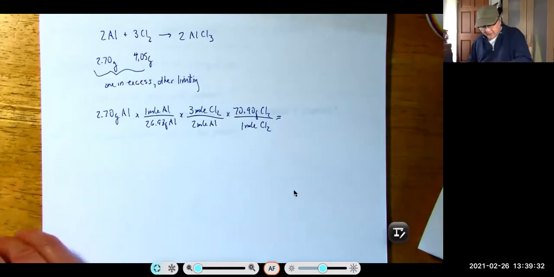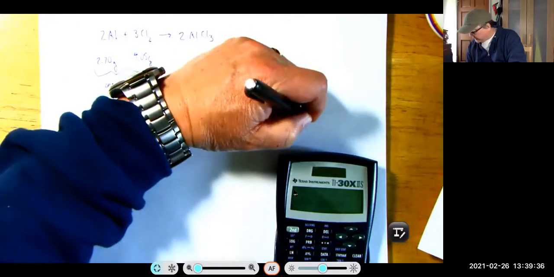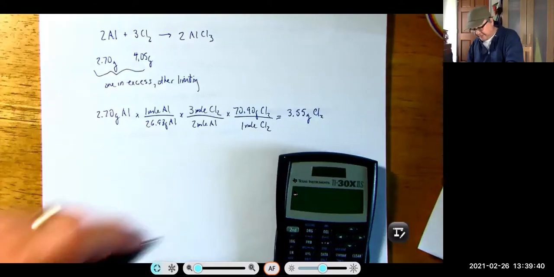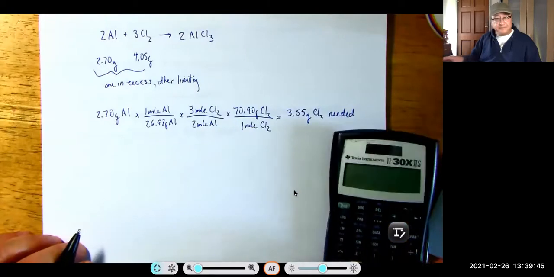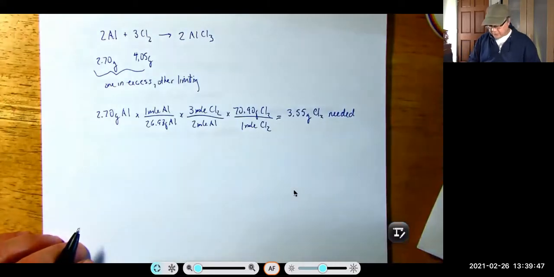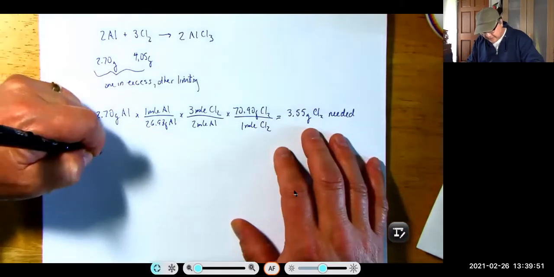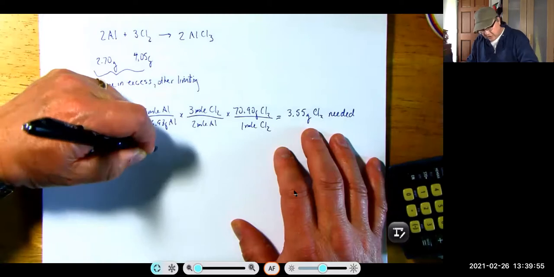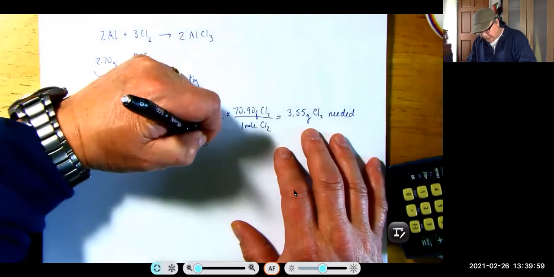Okay, so I get 3.55 grams of chlorine are needed. So how do I use this number? Well, I need 3.55 grams of chlorine to react 2.70 grams of aluminum.